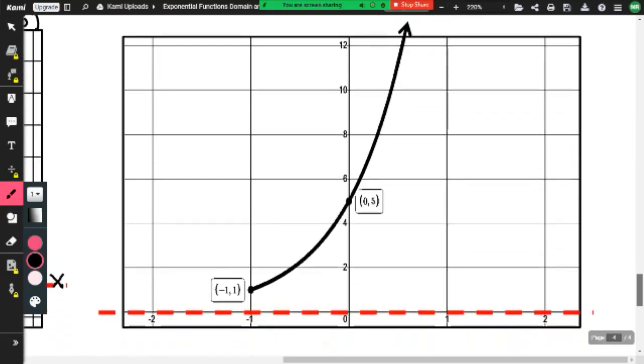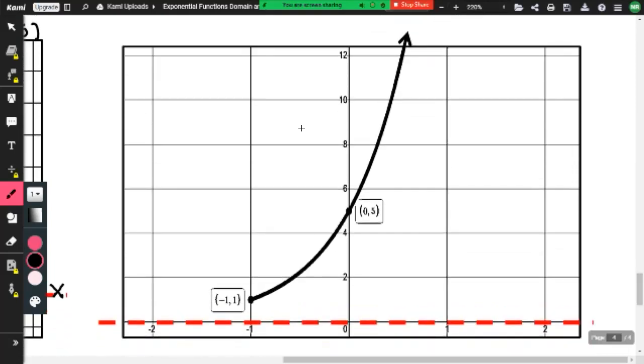What do we need to label? X and Y. Start there. What else? The asymptote, and it's what? Y equals 0. The reason it's Y equals is because it's a line. What else? X and Y on the Y intercept.